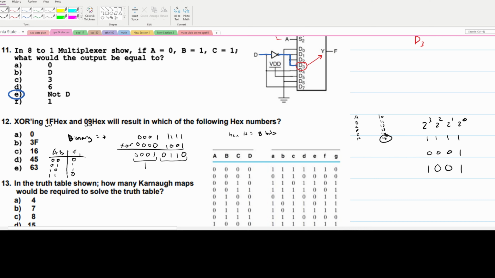We would have nothing for this first one, so 0. We would have a 2 here, and then a 4 here, and then 0 here. 2 plus 4 is 6. This will give us a 6. So our answer is going to be 16 hexadecimal, which is a C. So that is the answer to this problem.